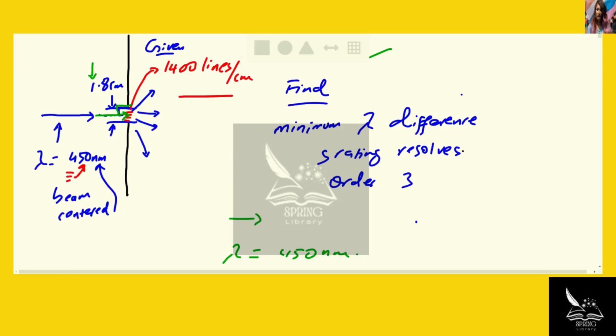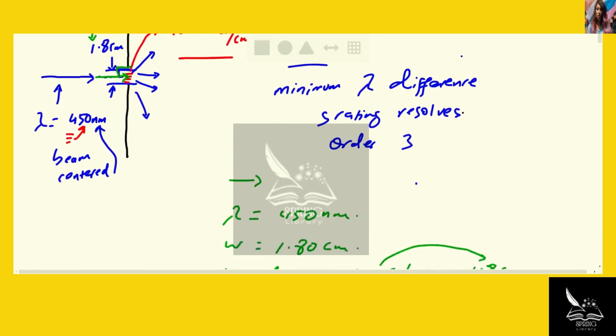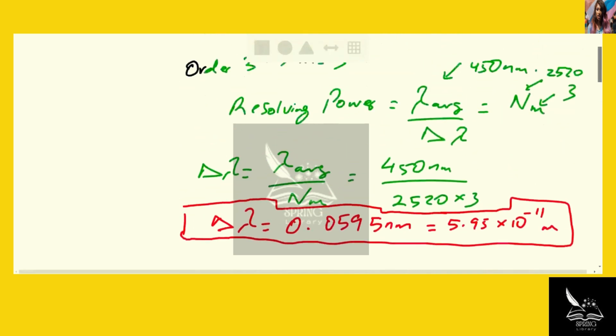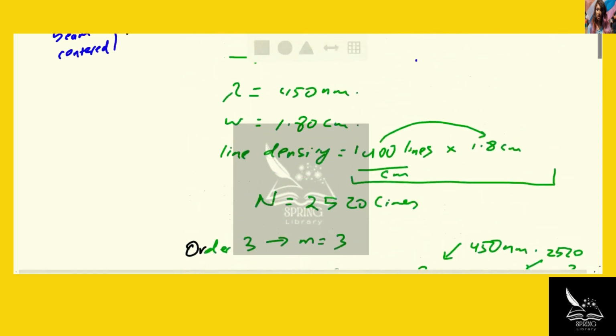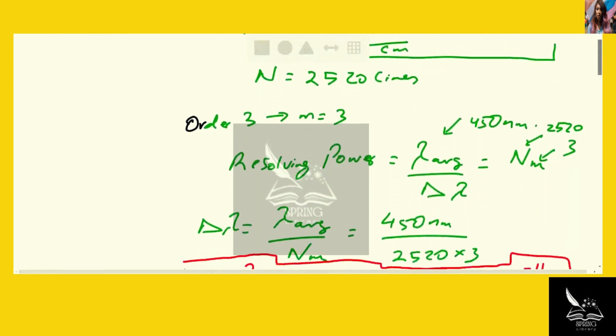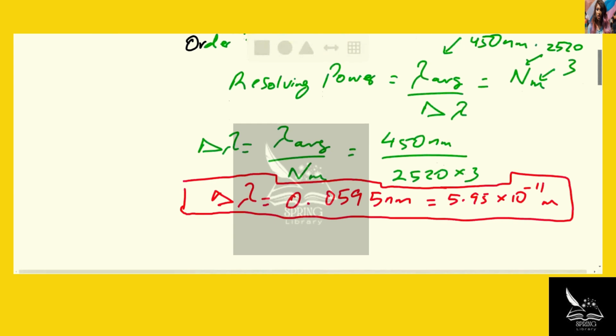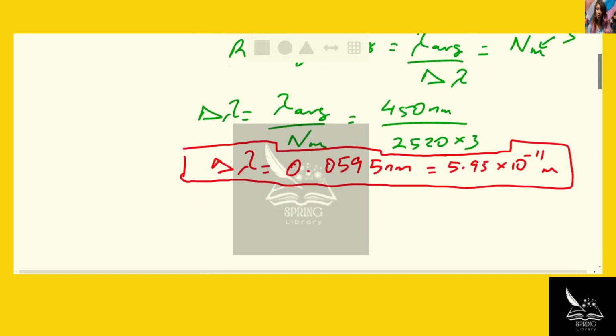We can get the total number of lines, since the opening is 1.8 centimeters, and we get 2,520 lines at order 3. We can get the difference, which is delta lambda, 450 over 2,520 times 3.